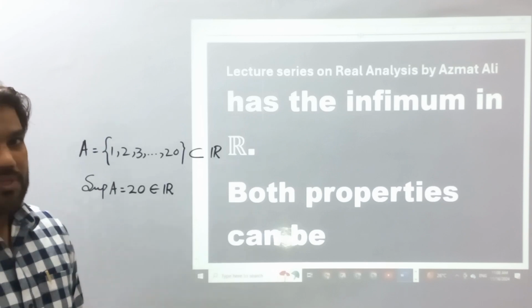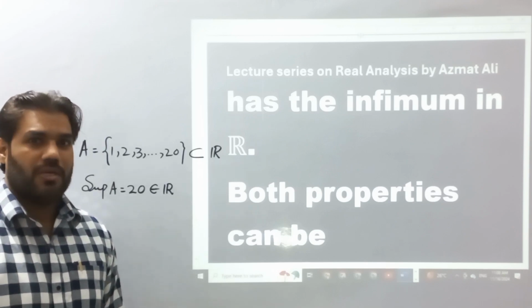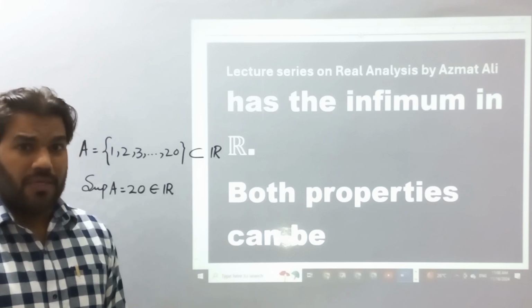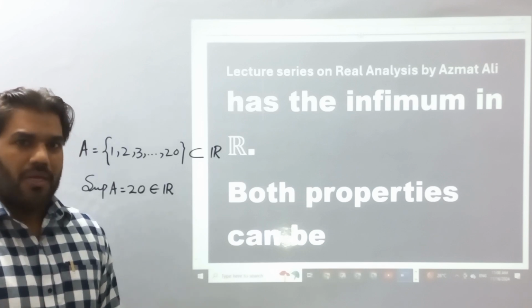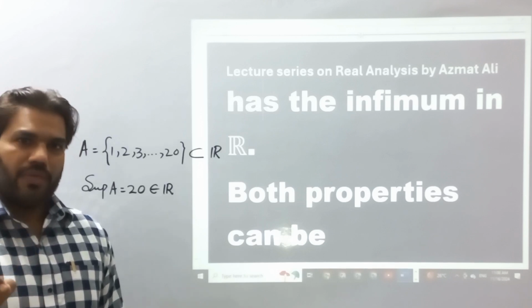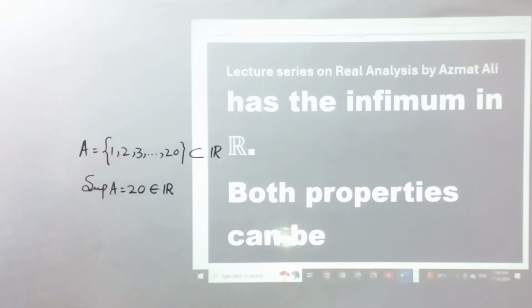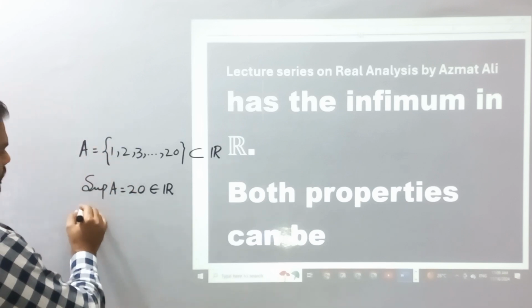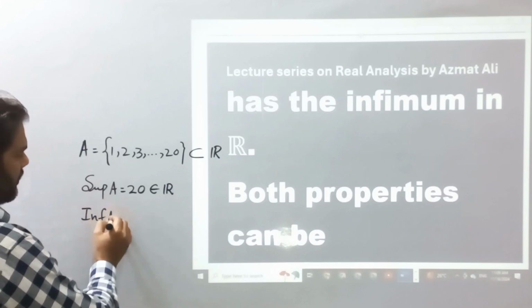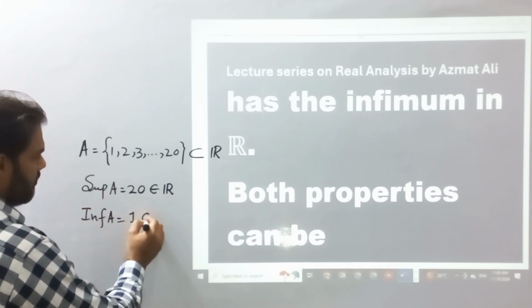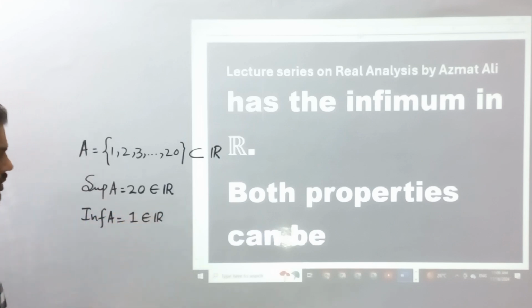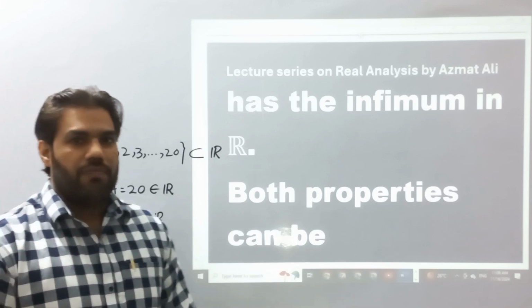Now the infimum property says that if a non-empty subset of R has a lower bound, that set must have an infimum in R. So you can see that the set A has the infimum equal to 1, and this belongs to R. This is the infimum property.